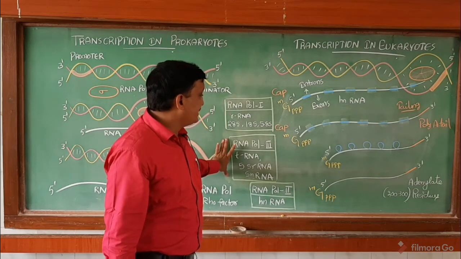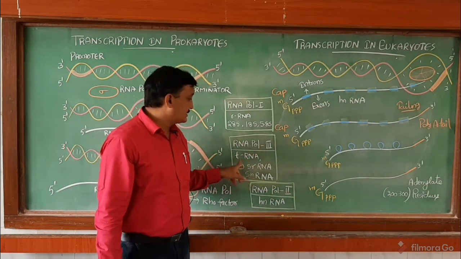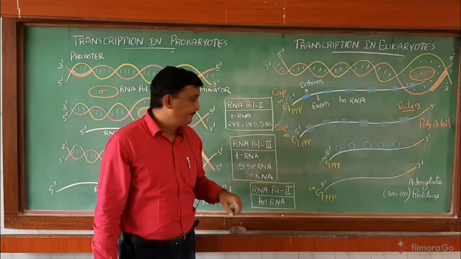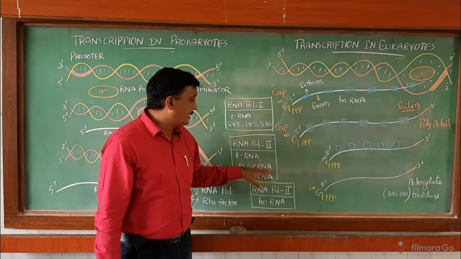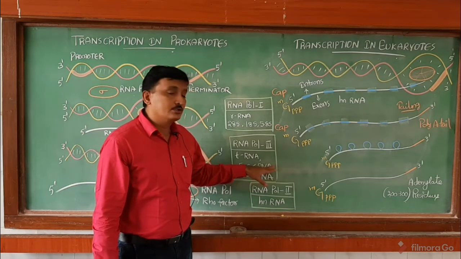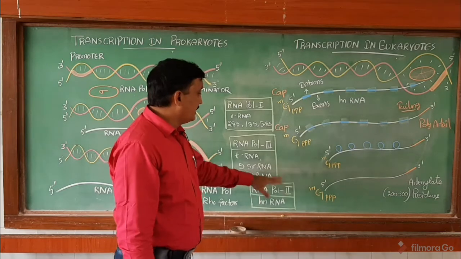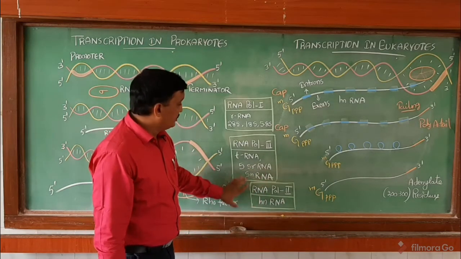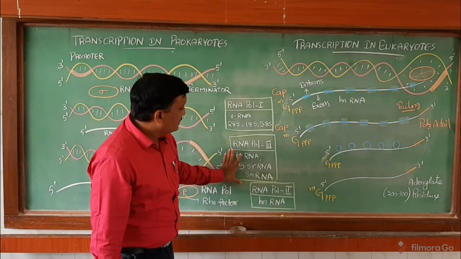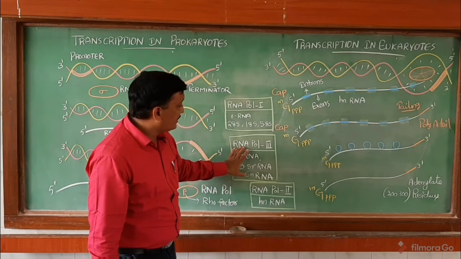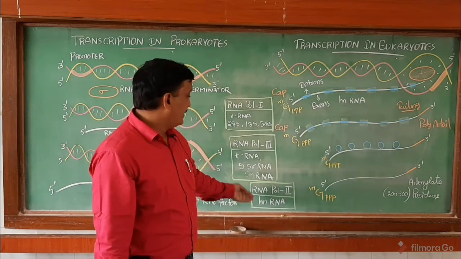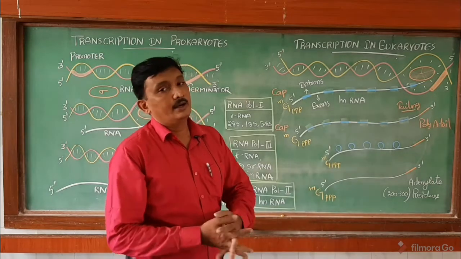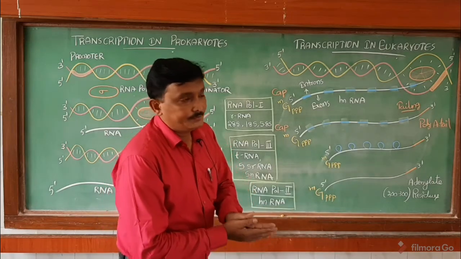Whereas RNA polymerase 3 helps in the synthesis of tRNA, that is transfer RNA, and 5S rRNA, that means 5S ribosomal RNA, the smaller subunits of ribosomal RNA, and small nuclear RNA. So these three types of RNAs are synthesized in the presence of RNA polymerase 3, whereas RNA polymerase 2 helps in the synthesis of heterogeneous nuclear RNA, that is mRNA, right?